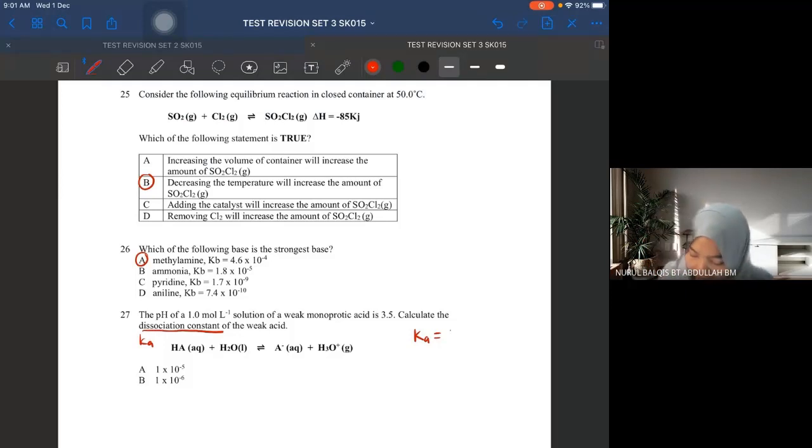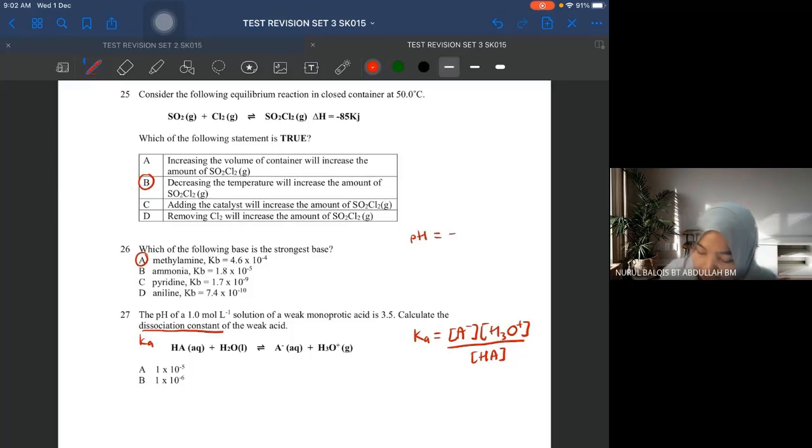So Ka expression is the concentration of A negative, the concentration of H3O plus, divided by the concentration of HA. Okay, so you need to find all these concentrations, but then you only have the information about the pH value. So from the pH value, you get the concentration of H plus.